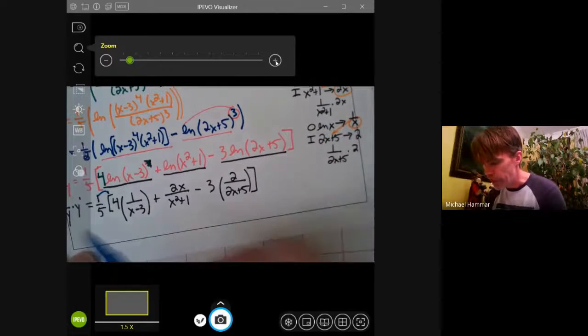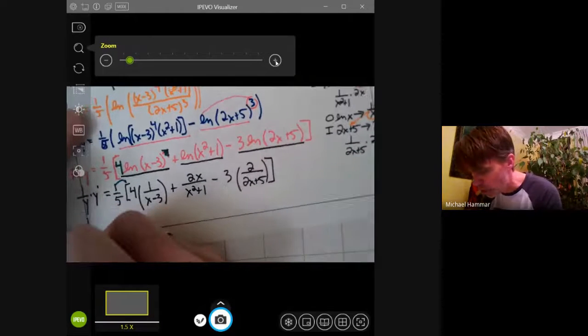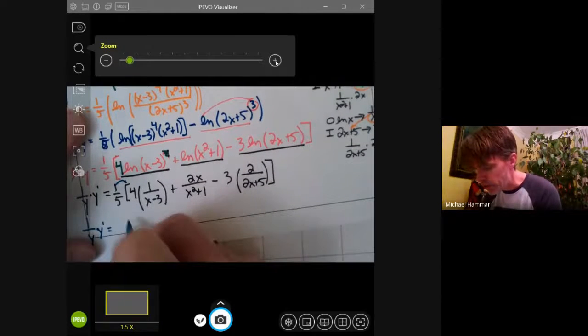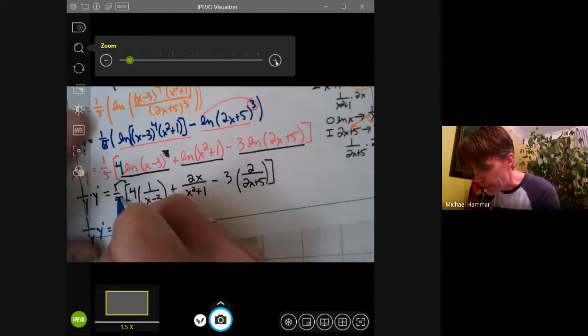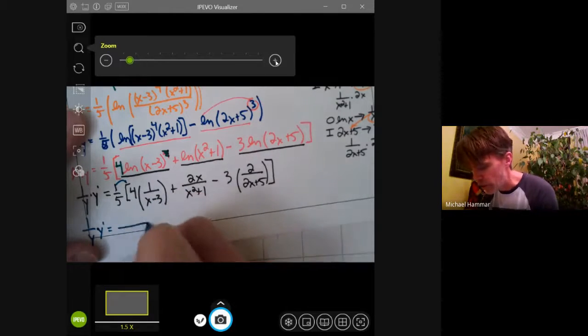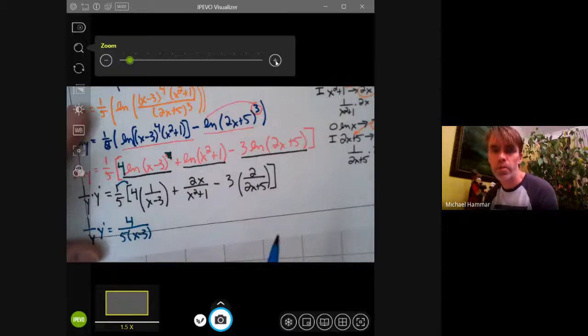So here's what we're going to get, because we're going to have to move the y over to the other side. So we still have 1 over y times y prime. And now I'm just going to distribute this. So this is going to become, if I combine this, 4/5 times 1 over x minus 3. So it's going to be 4 over 5 times x minus 3. Remember, you're just multiplying the numerators together and multiplying the denominators.